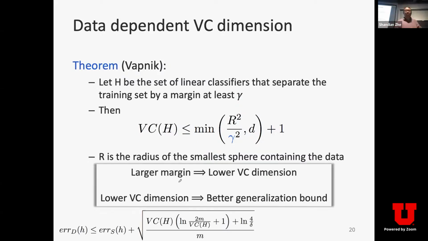Now we can see that if we pick a larger margin, because gamma is in the denominator, the VC dimension will get lower. And if we get a lower VC dimension, from the generalization error bound you get a better, tighter bound, because the right term will get smaller. That means your true error will get closer to the training error. Does it make sense?